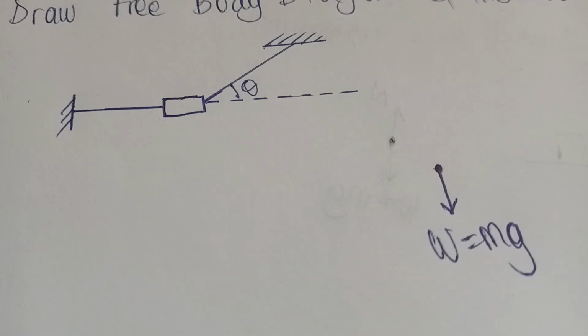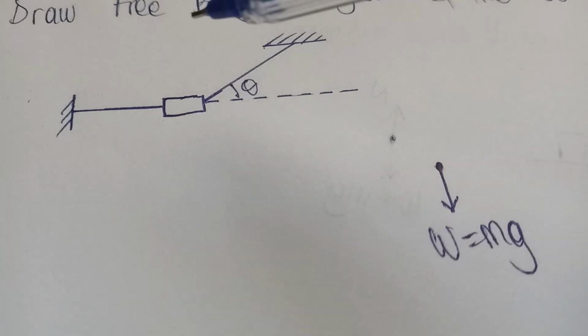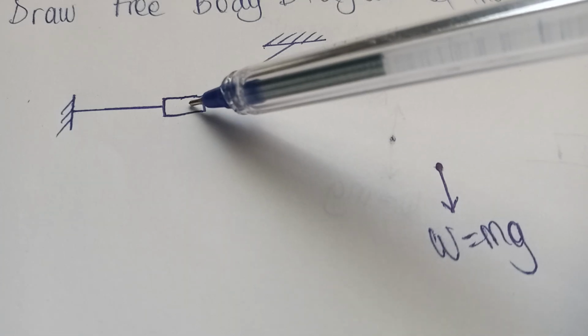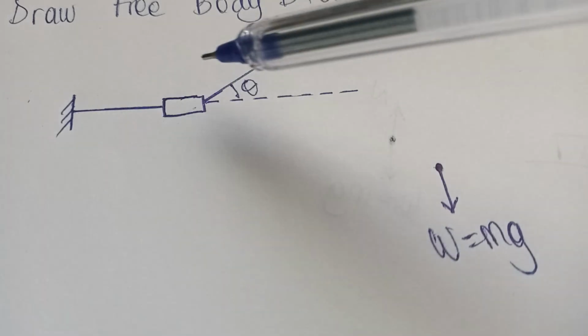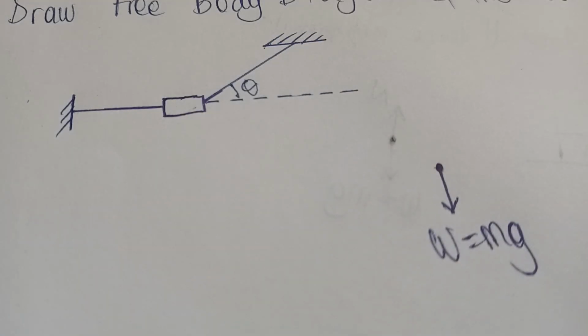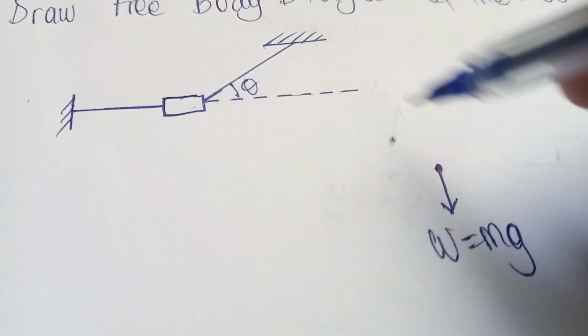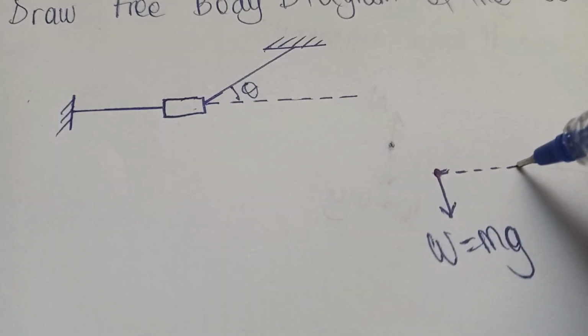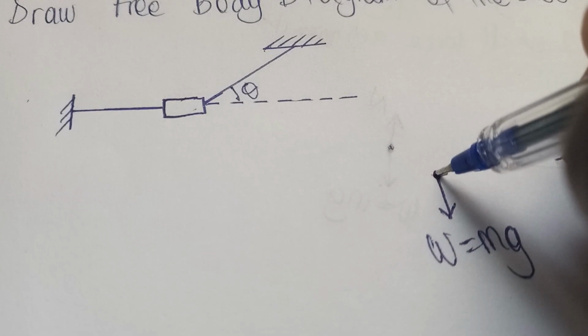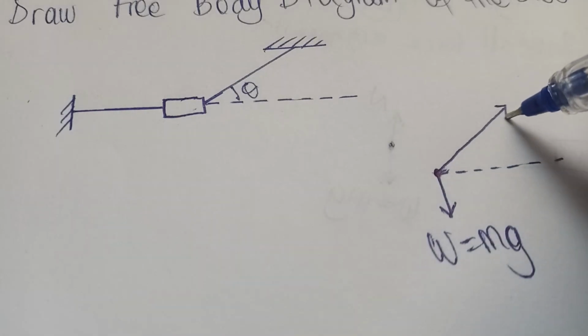Now what other forces are acting on it? Imagine you are that block. There is this string here, and this string. So they're like tension forces pulling that body. We have this string pulling it upwards, at an angle there.